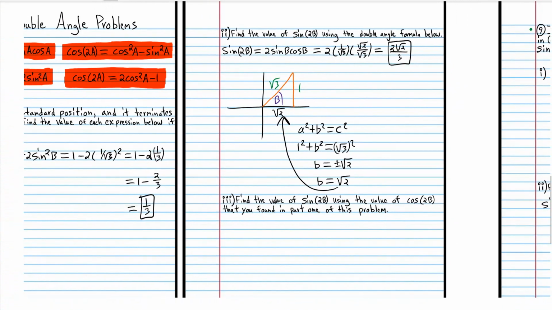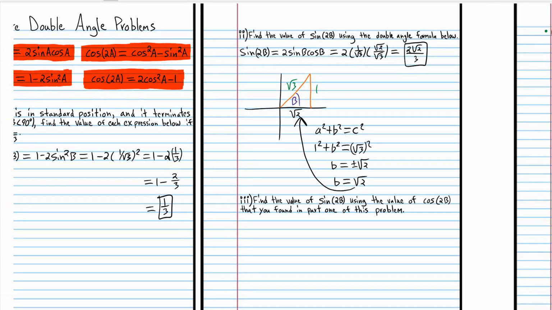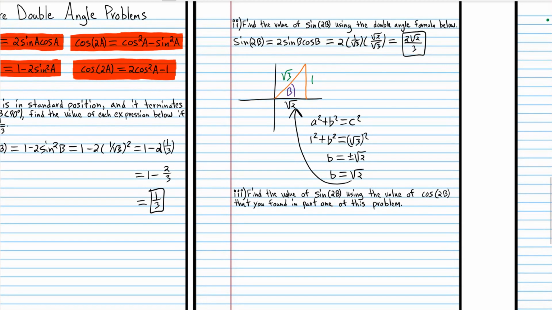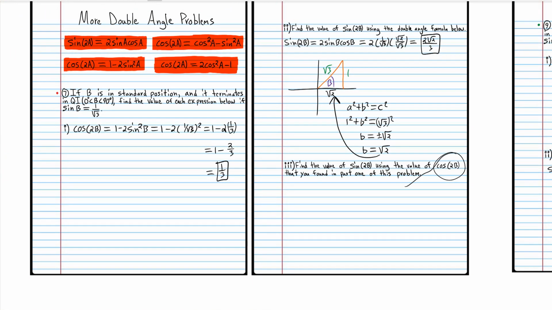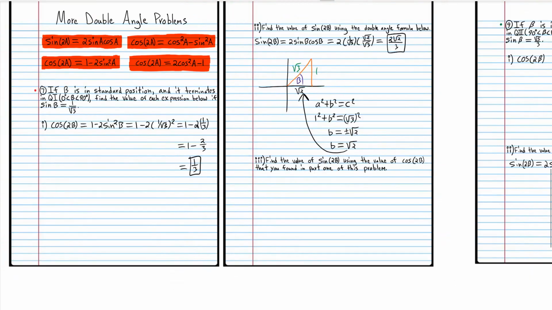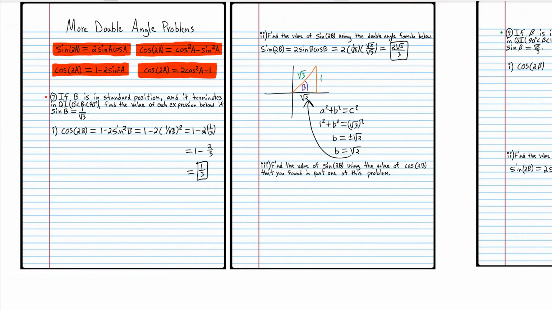So now we're going to find sine 2b again, but we're going to use our value of cosine 2b that we found in the first part of the problem. So we know cosine 2b is 1/3, right? And we also know that b is between 0 and 90 degrees.